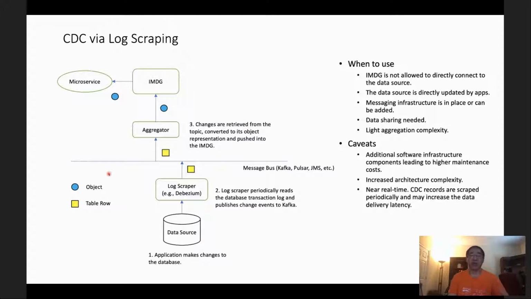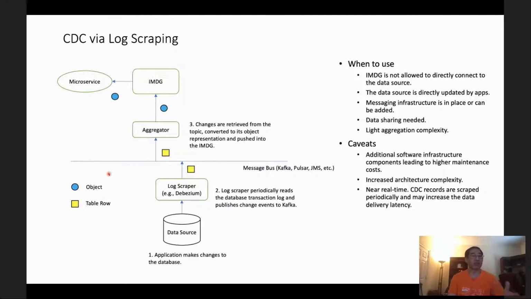And it'll periodically scrape the log file and create batches of data and publish those batches into the message bus. And we would have the aggregator or OR mapper essentially that listens on the changes, and then it does the aggregation accordingly. The complexity is still there, but it really gives you a nice way to segregate your logic from the database itself and be able to share data since you're pushing your data onto the message bus.